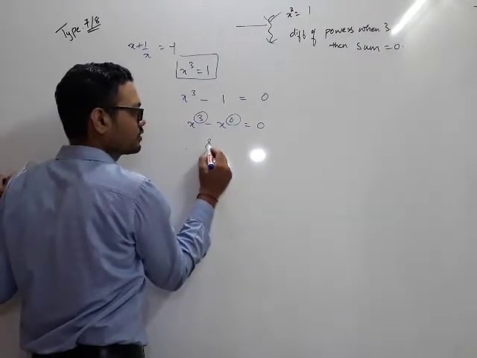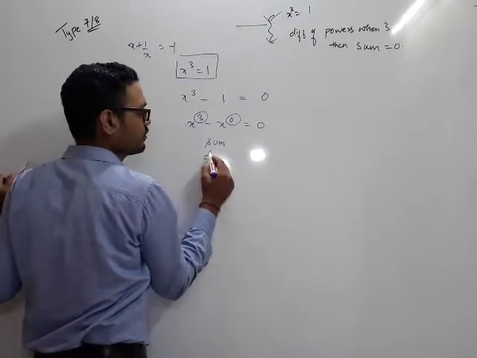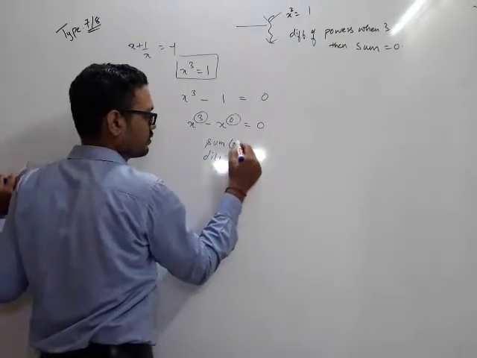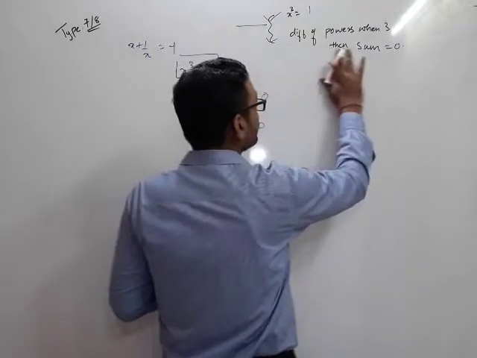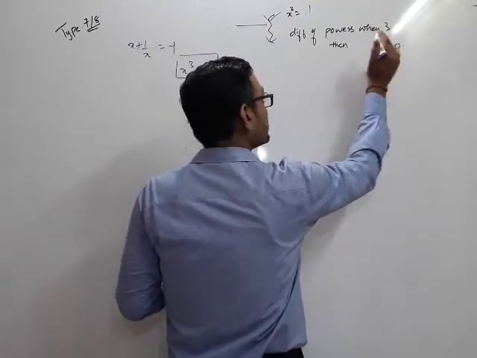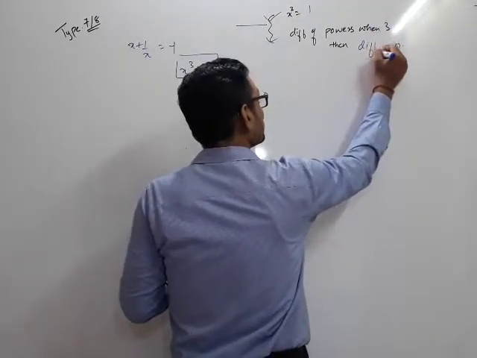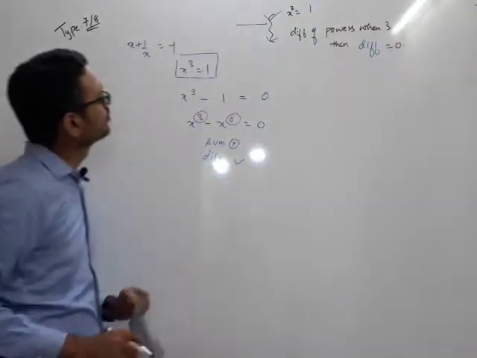This time it is not the sum, it is the difference. So when the difference of power is 3, the difference is 0.